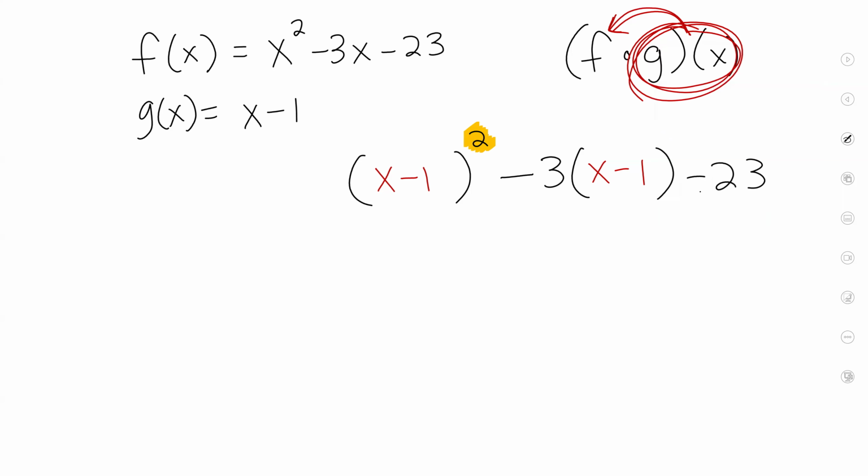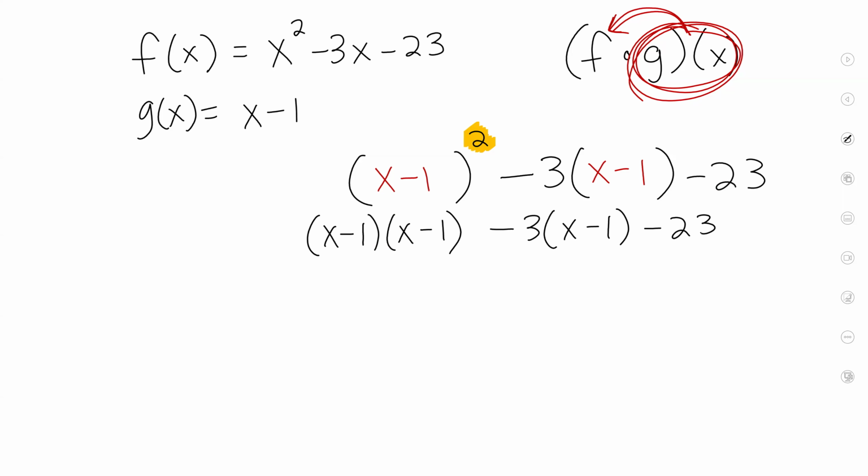Exactly, good. I'm going to put x minus 1 times x minus 1. I see a lot of students every year. They'll distribute that 2 and write x squared minus 1 squared. That is not correct. You do not distribute that. You have to write it 2 times. Minus 3 times x minus 1 minus 23.